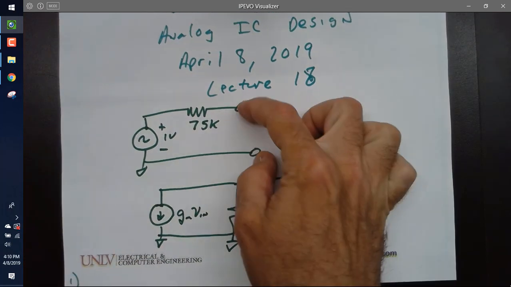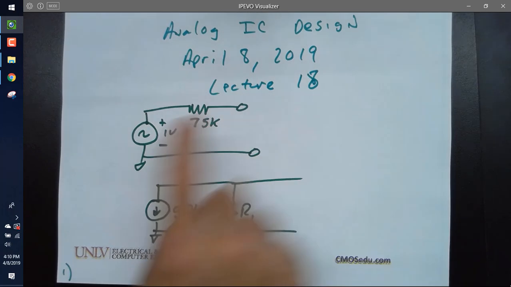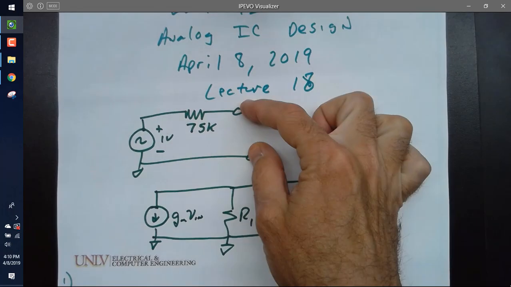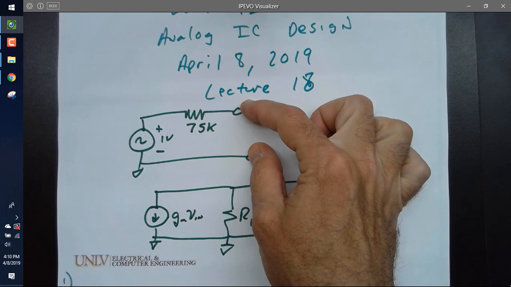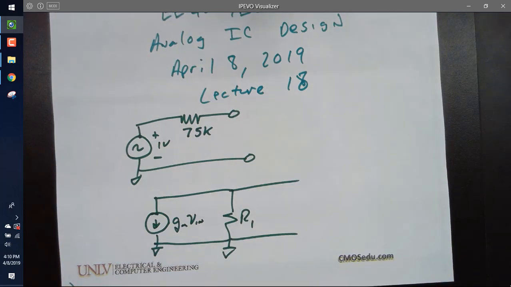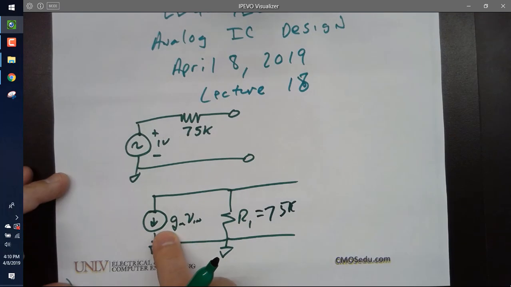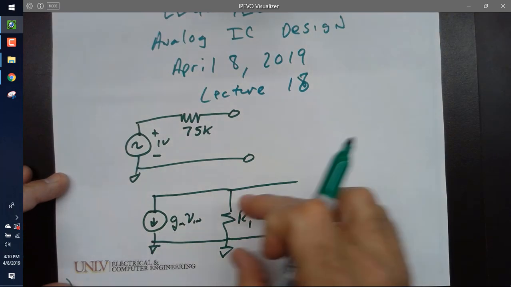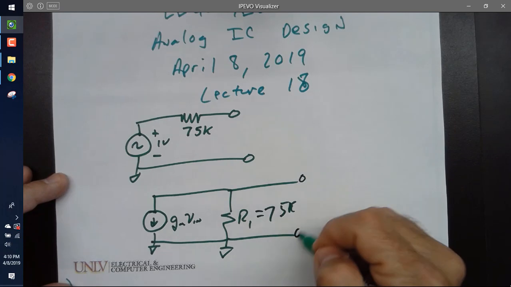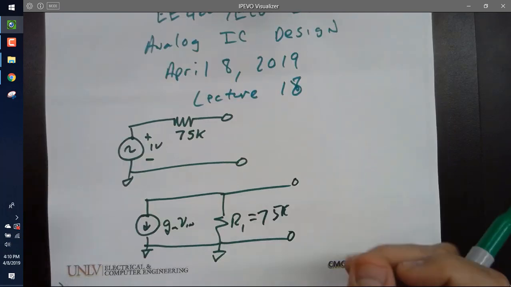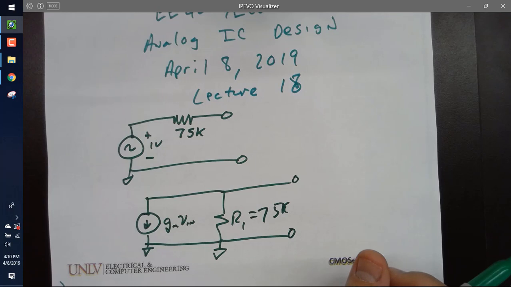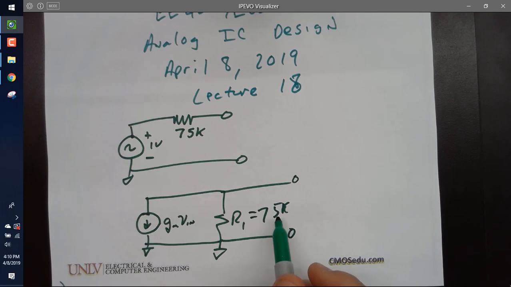And then you put a meter here and you measure. So when I short this out and I put a meter there and I measure, what do I measure? 75K. Now if I'm going the other way, I open this up and I measure the impedance, the resistance between the two terminals, and what do I get? 75K. Everybody see that? So is there any questions about that?